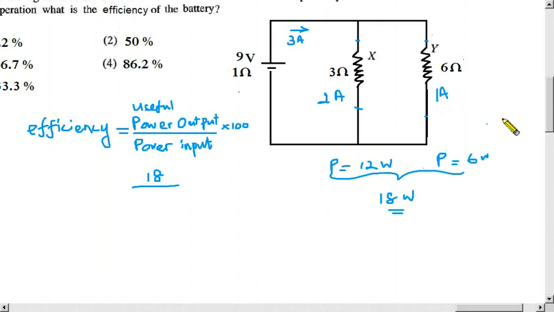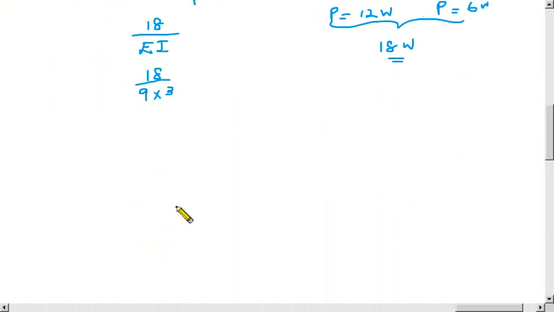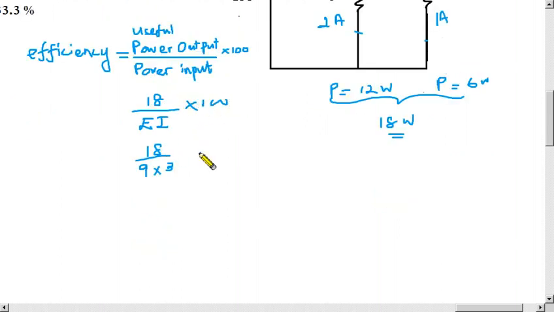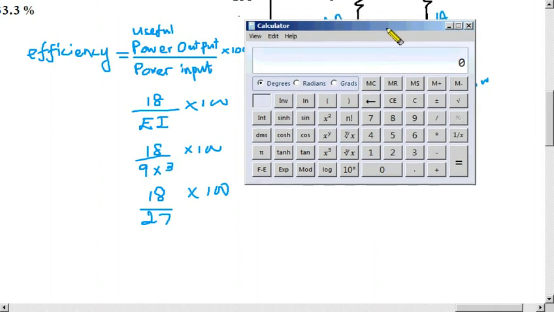What is the input power? So input power means the power given by this battery. In the previous question we solved it, we know it, EI. So that one, that is 9 times current is 3, then 100 here, 18 divided by 27 times 100. So I am using the calculator, but you are not allowed.